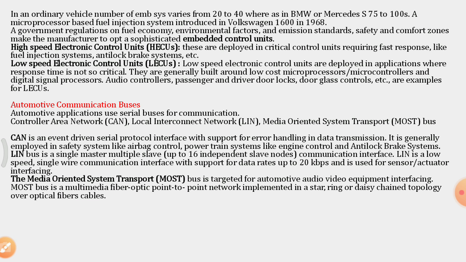Automotive vehicles use different communication buses than what we use in general embedded systems. These are the Controller Area Network, CAN protocol, the Local Interconnect Network, LIN protocol, and the MOST protocol, that is, Media Oriented System Transport bus.